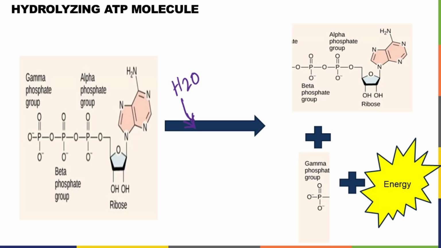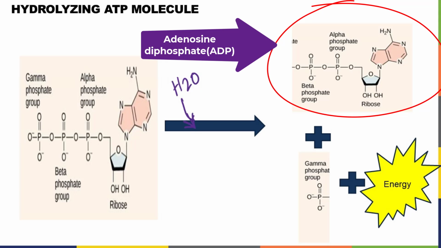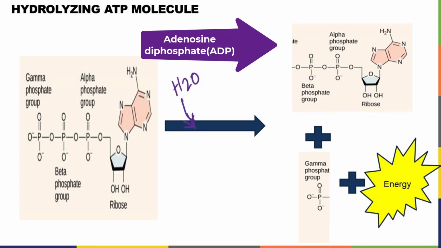We need energy to do this work. So our cells use water, and when they need energy, they break these bonds. As I mentioned a few minutes ago, this bond is not stable, so it breaks down to this molecule, now called adenosine diphosphate, ADP, and inorganic phosphate.